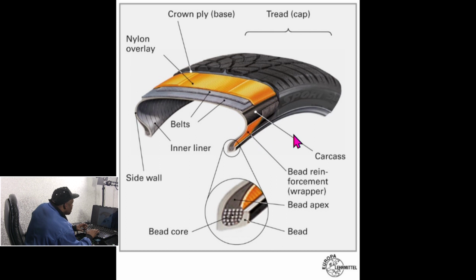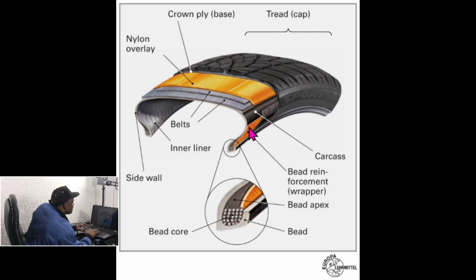So you can see the carcass. The carcass is the side also, and the bead reinforcement is like the wrapper by the side of it. By the side of it here, you have this bead reinforcement. This one, with this yellow you are seeing, is very strong.